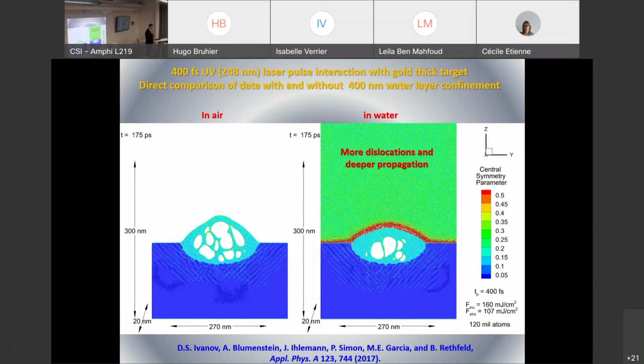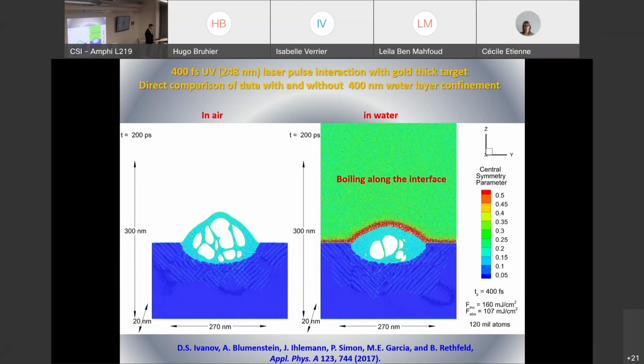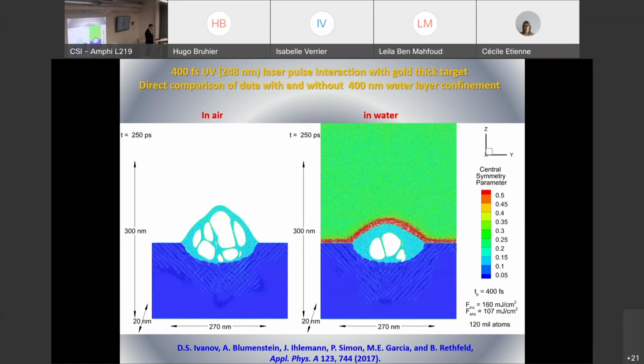And also we can see that the developing evaporation process along the metal-liquid interface has a profound effect from the point of view of cooling of the growing structure. So the structure grows slower, additional resistance results in thicker walls of the growing structure, and it cools down faster.